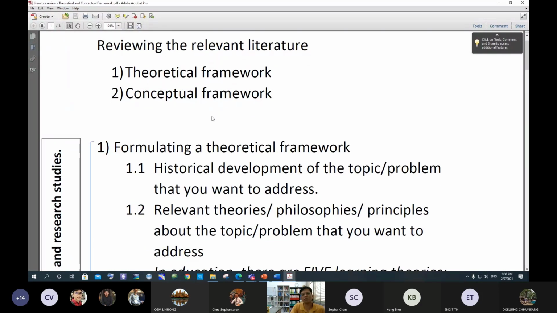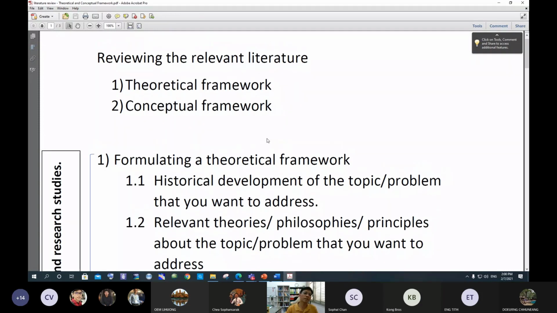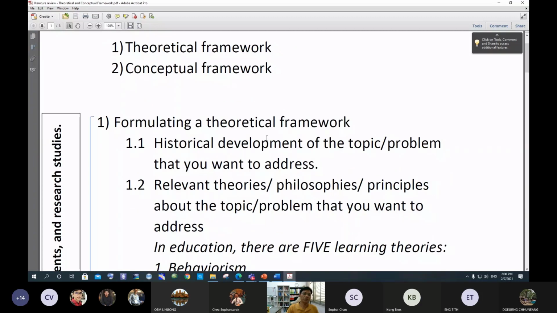To answer your question, because the question is so big, let me draw your attention to the difference between theoretical framework and conceptual framework.